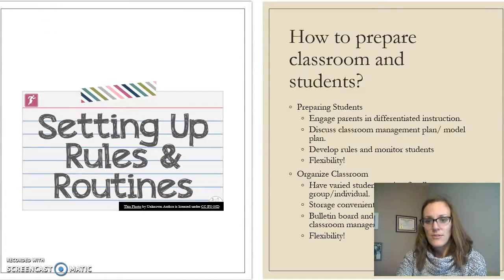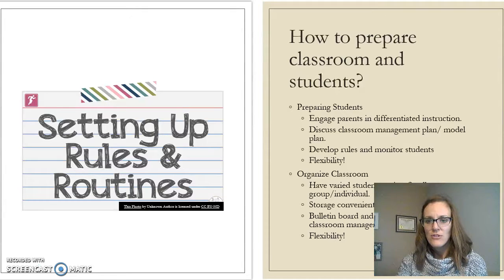How do we organize our classroom? We can have varied seating: small group seating, individual seating, carpet seating, table seating, not just those rows of desks that you remember seeing when you look up classroom images. Have varied ways of seating that allow different kinds of learners to do their best and learn.